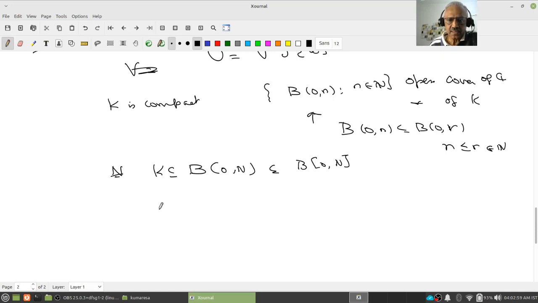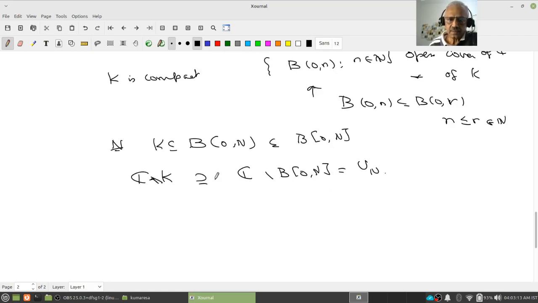You understand that? Since K is contained there, therefore C minus K, the complement, contains C minus the closed ball B0n, which is your Un. And my U is C minus K union infinity.